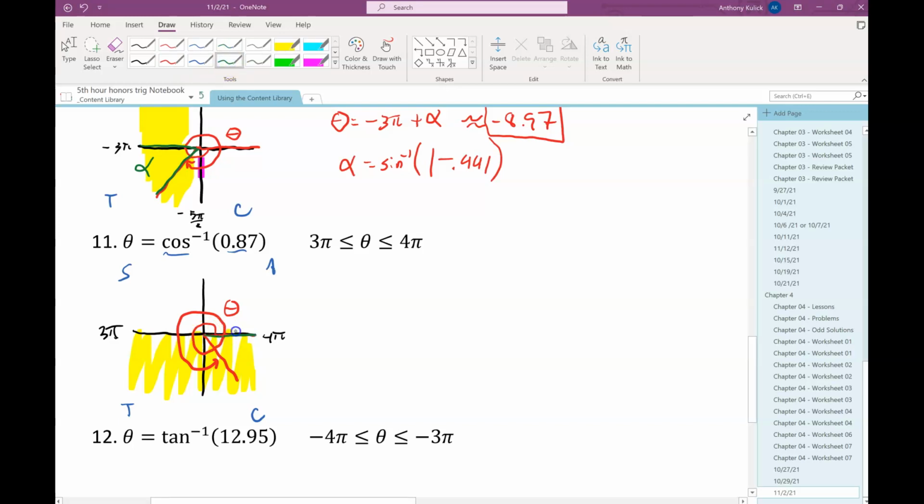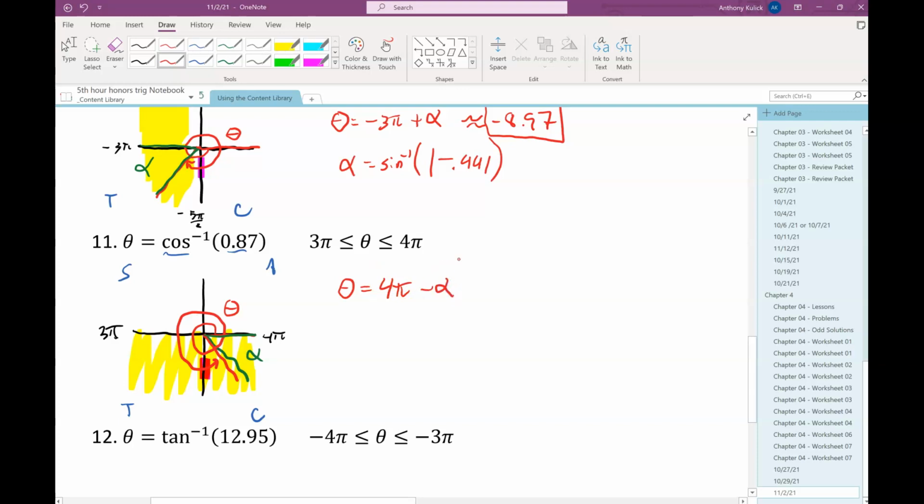And then my alpha is here. Since the last axis that theta passed through was vertical and theta is positive, I know I'm going to be subtracting alpha.